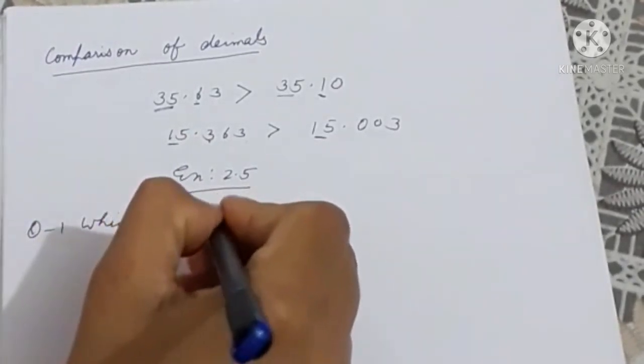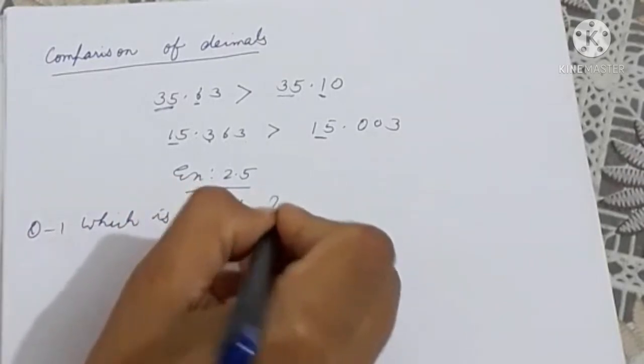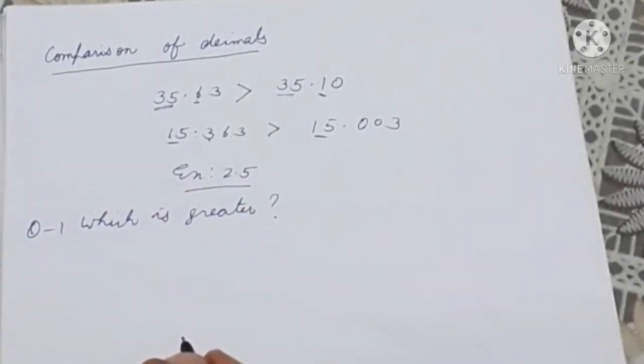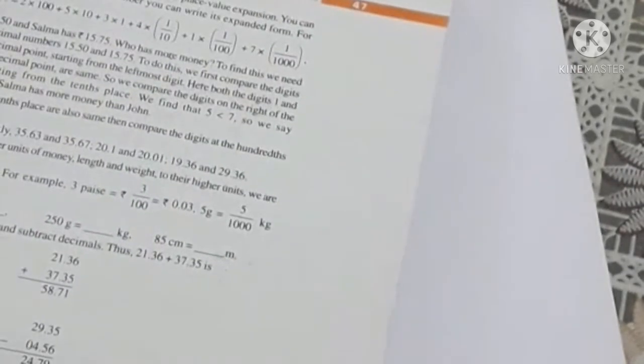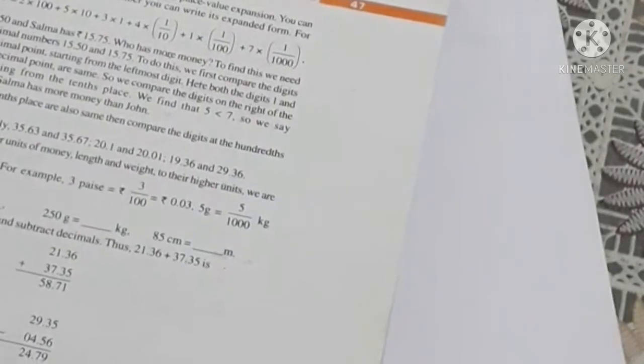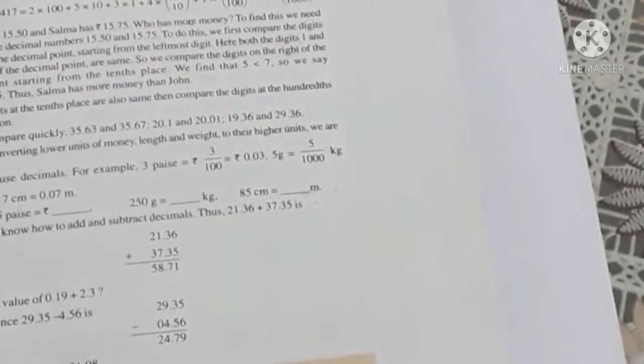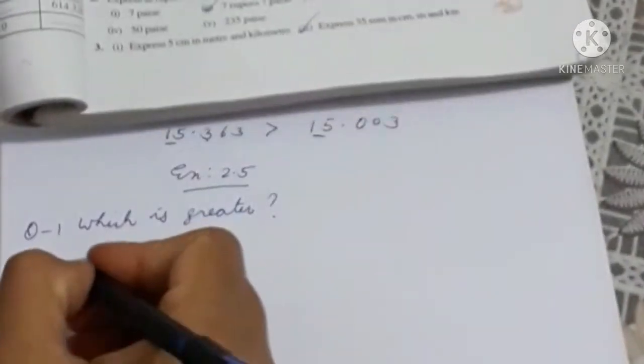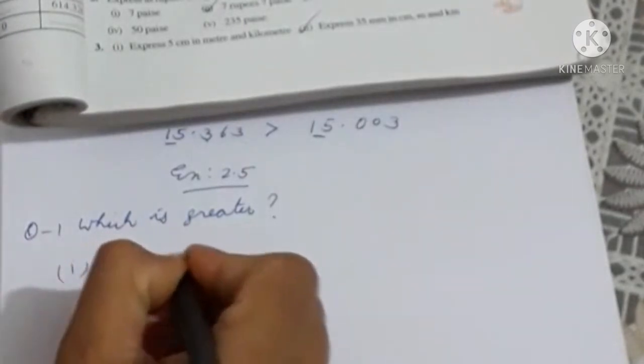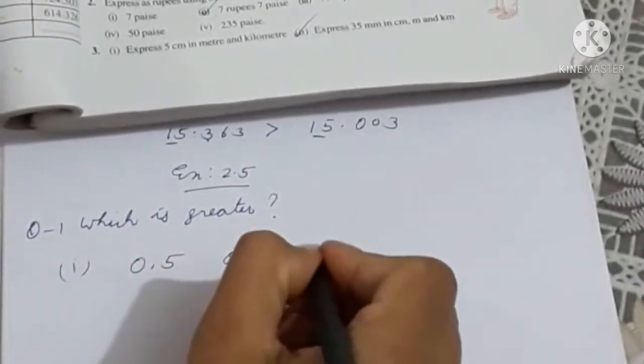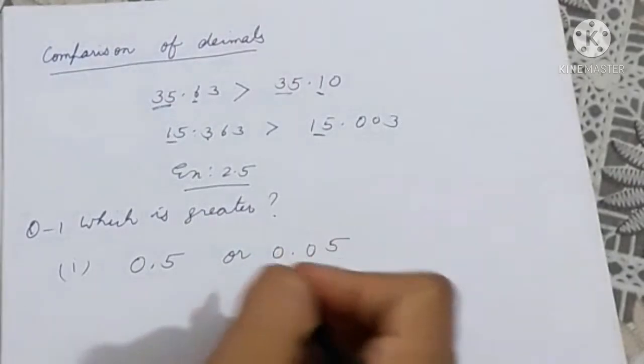Now in exercise 2.5, question number 1, which is greater? In every part you have to compare which one is greater. So you have to change the unlike decimals to like decimals. Let us see this question: 0.5 or 0.05. These are unlike decimals.